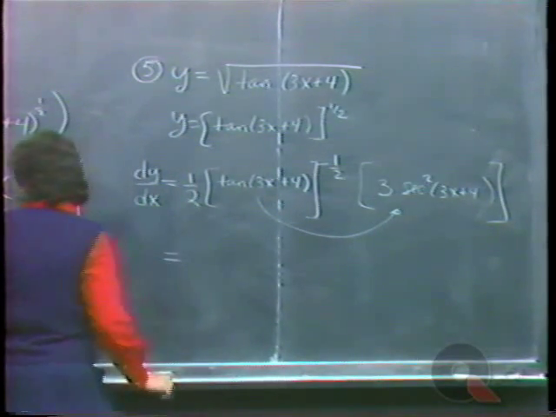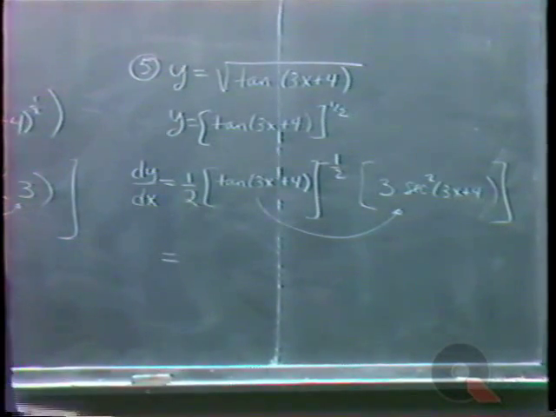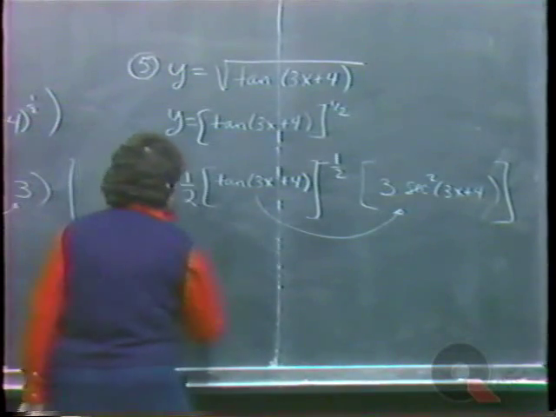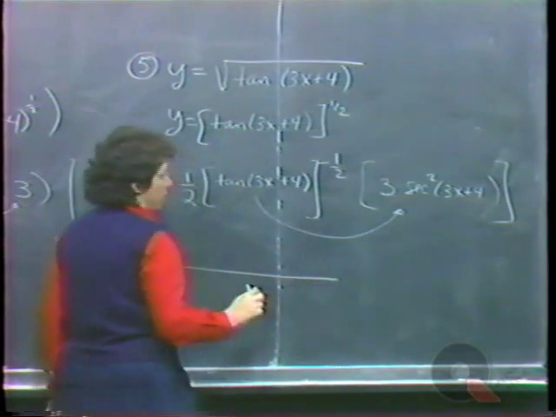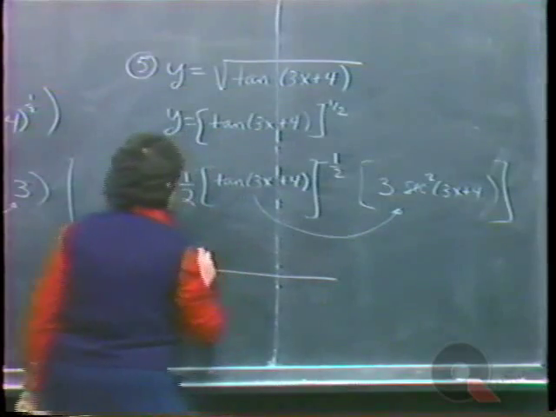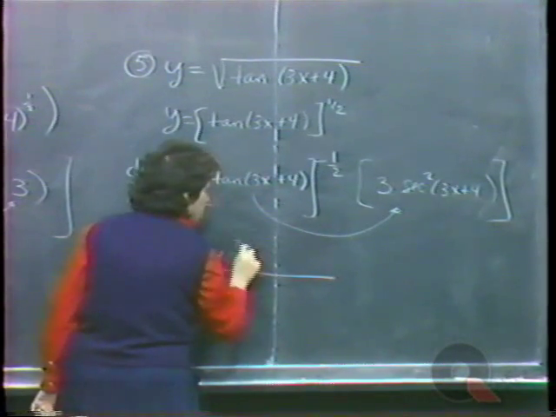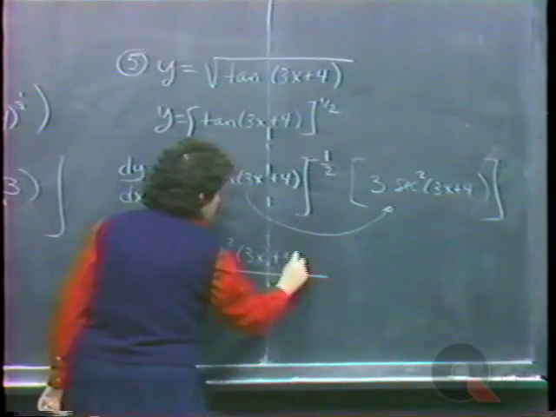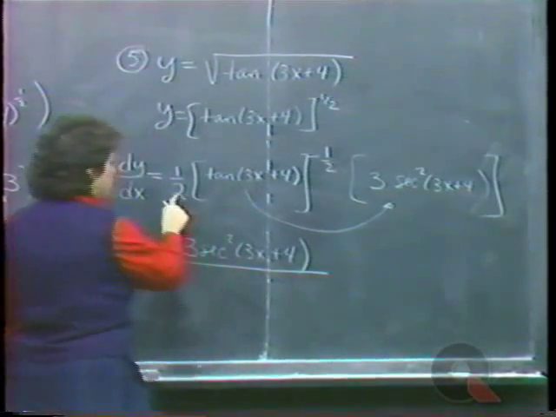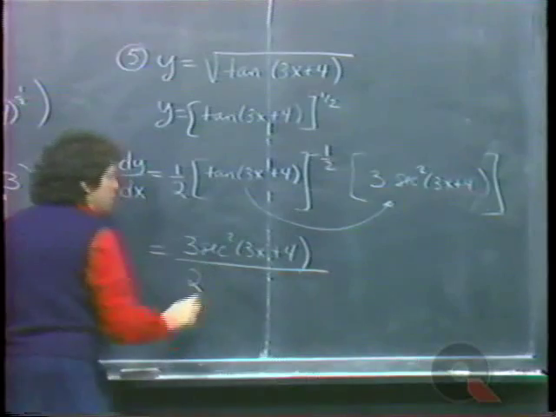Okay, let's see if we can simplify this answer. Well, we have, once again, a fraction for an answer. The 3 is upstairs. Secant squared of 3x plus 4 is upstairs. This 2 is downstairs.